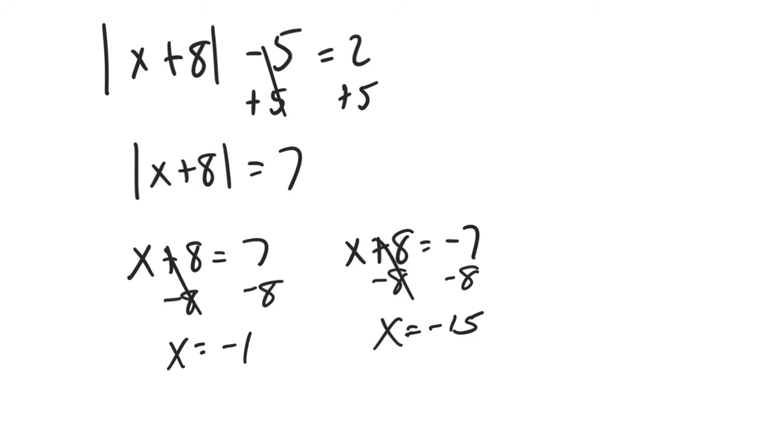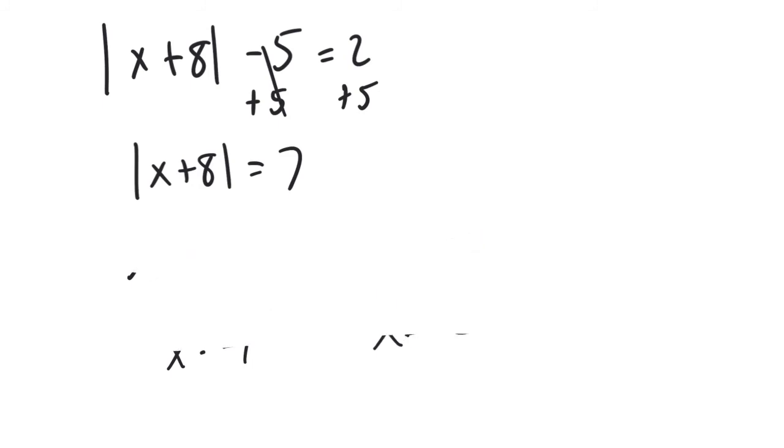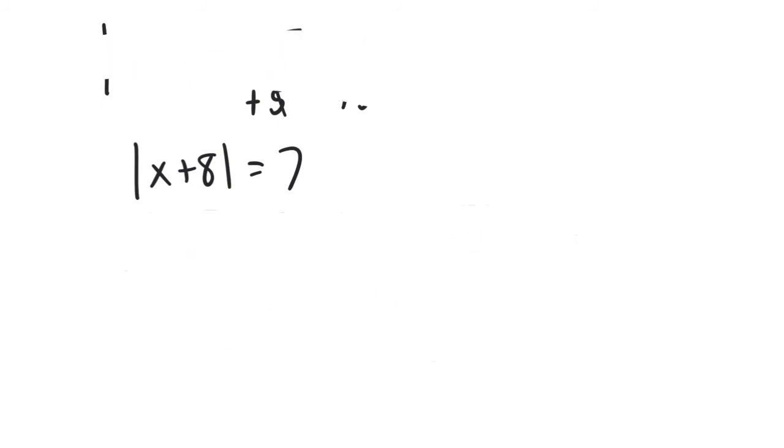Now, just for argument's sake, let's say this was all taken care of. We didn't have any of this. But let's say we had absolute value of x plus 8 equals negative 7. Well, at this point, there's nothing that you can take the absolute value of that will give you a negative 7.